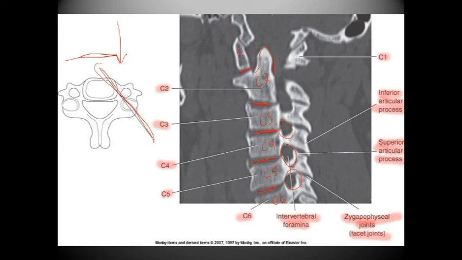We do see C1 here, and so we are seeing intervertebral foramina, and we're seeing the zygapophyseal joints here and here, and even here. And so basically what this is used to demonstrate is the intervertebral foramen.